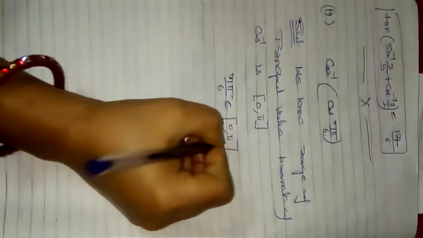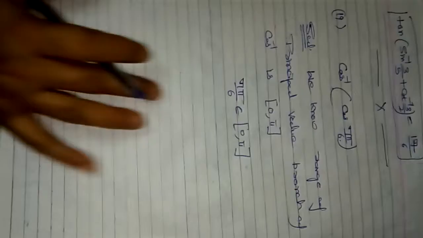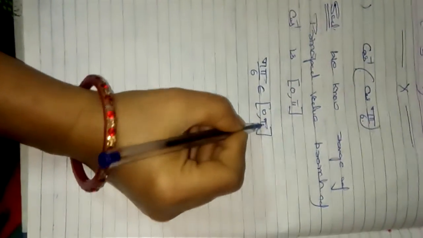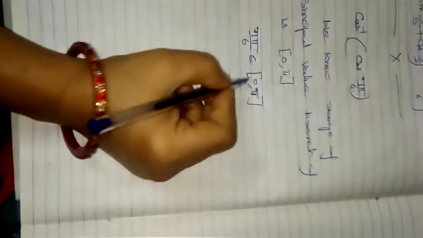Therefore 7/6 doesn't belong to closed interval 0 to pi. So we will reduce this term according to this closed interval 0 to pi.